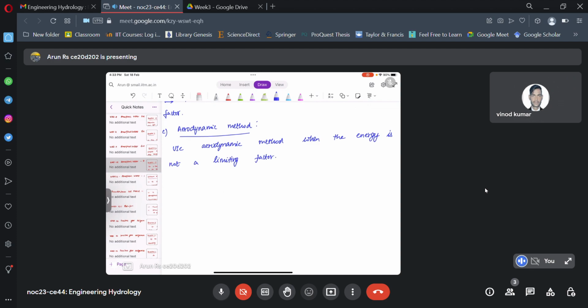Because in aerodynamic method the way we derive the equation is based on your momentum equation and your continuity equation.